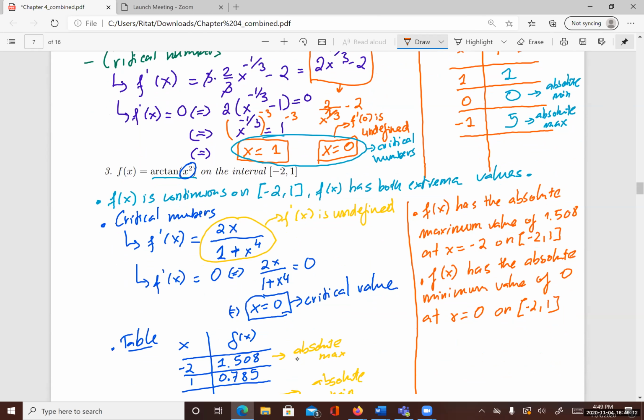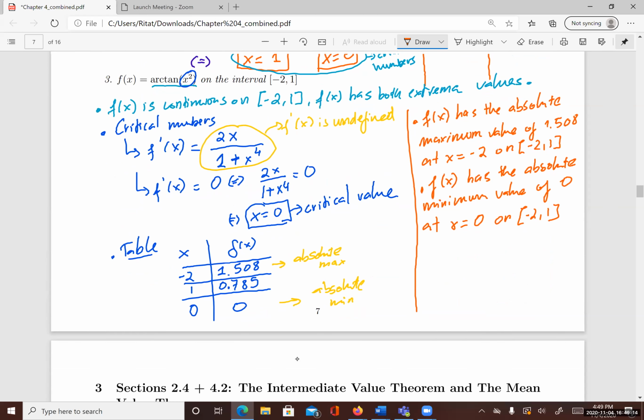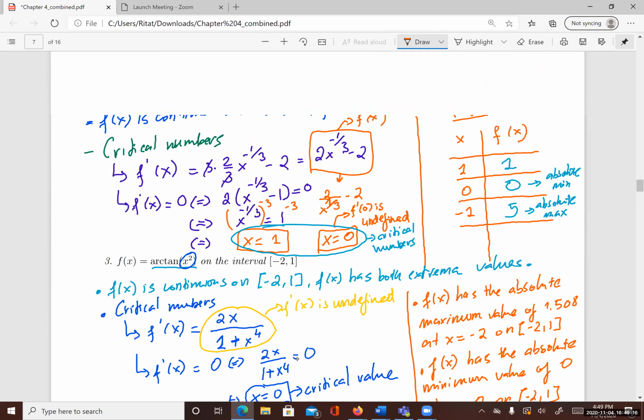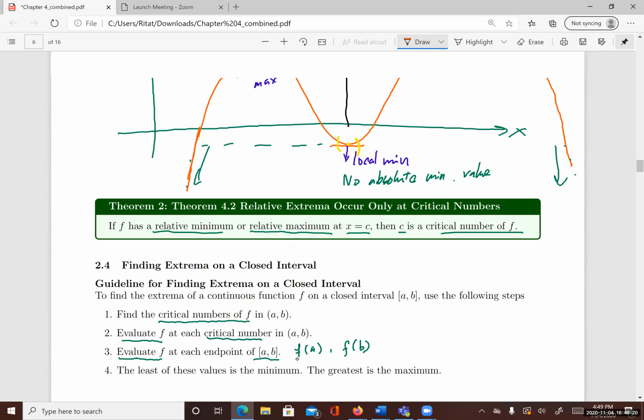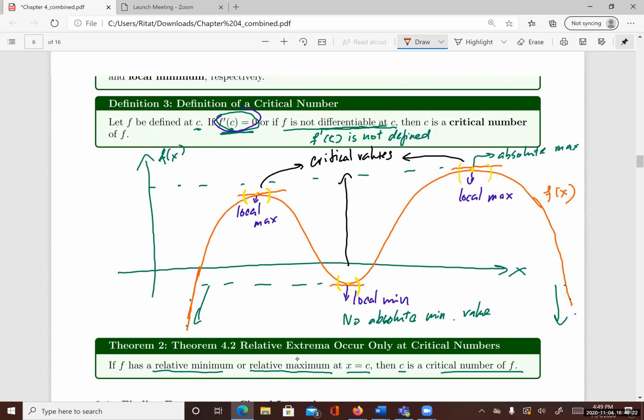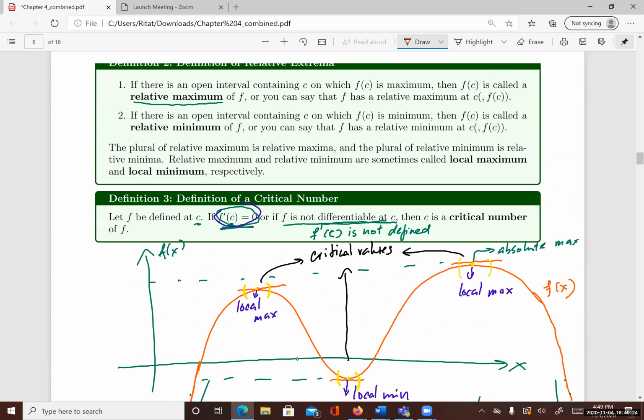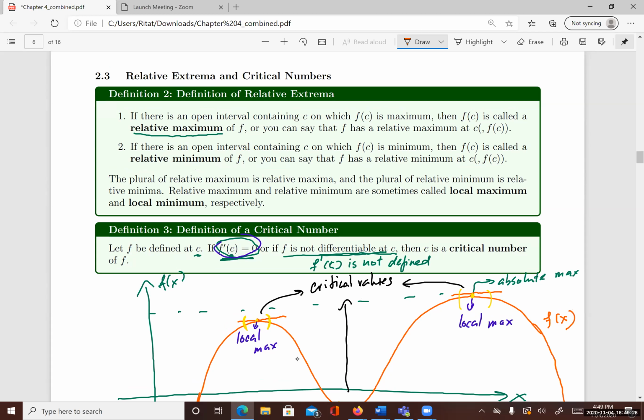So again, this is one of the first applications of the derivative. The derivative helps us find the extrema values of functions. They could be absolute extrema values, or relative extrema values. Could be global maximum, global minimum, or local, relative maximum, or local, relative minimum.